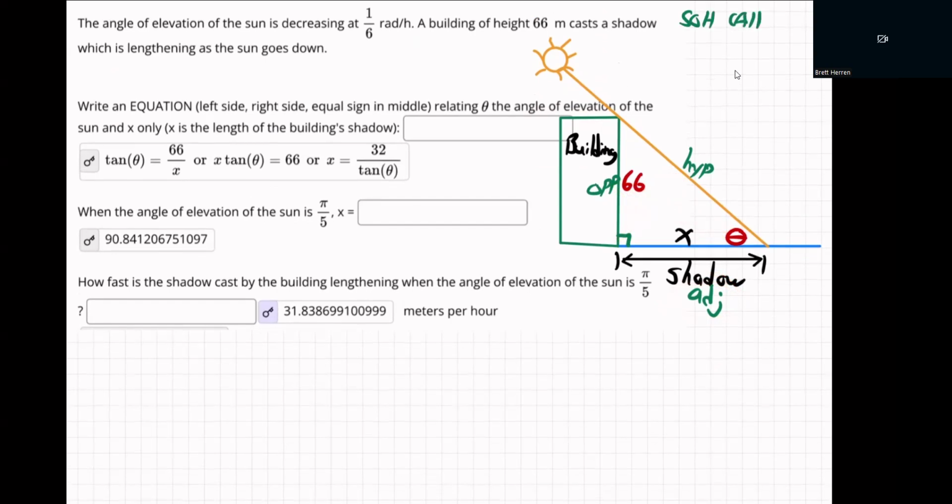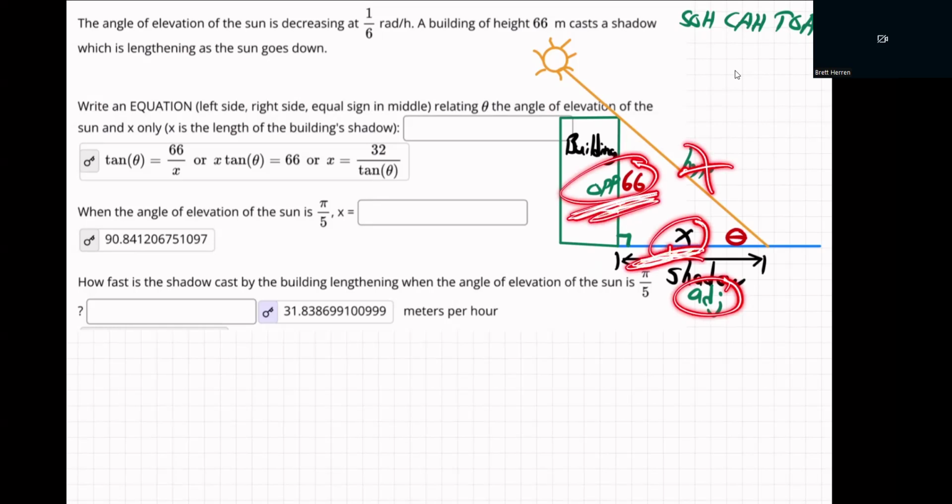Remember from your trigonometry days, SOHCAHTOA. That's how we know if we're supposed to use sine, cosine, or tangent. So which two do we have? We have x, which is the adjacent, and 66, which is the opposite. We don't know anything about the hypotenuse. Which trig function uses opposite and adjacent?